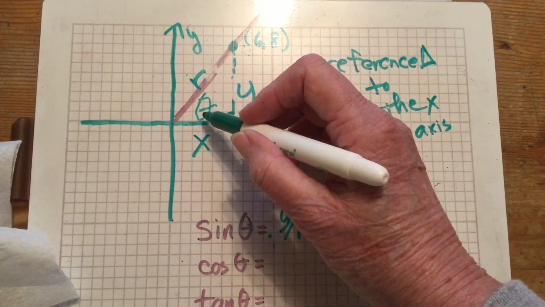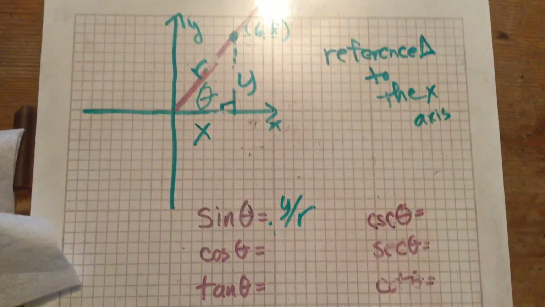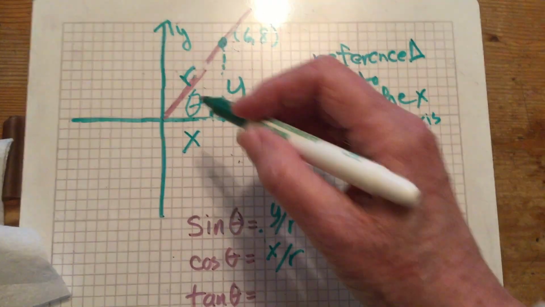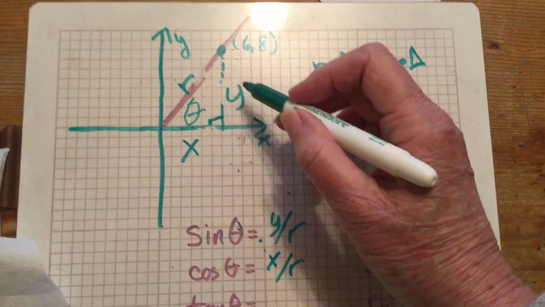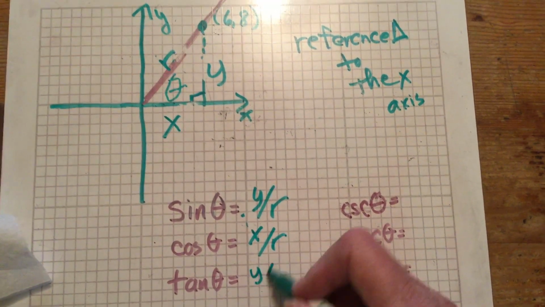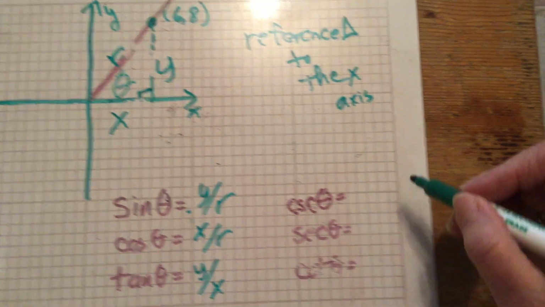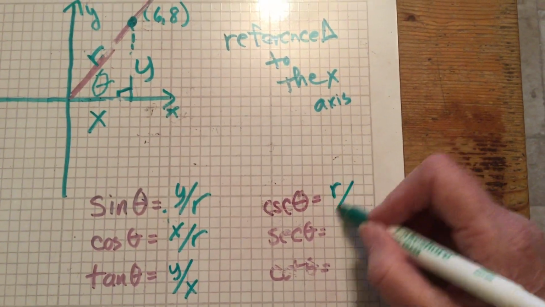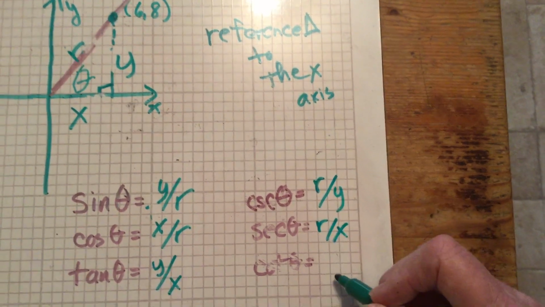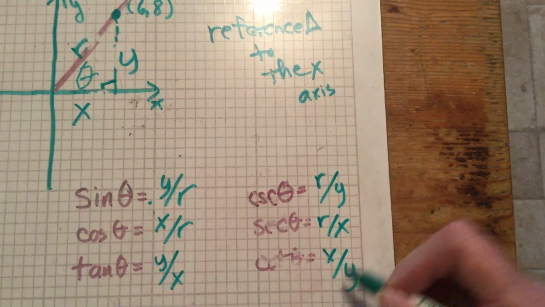The cosine, CAH, adjacent over hypotenuse, is x over r. The tangent, TOA, is opposite over adjacent. It's y over x. So then these three are r over y, r over x, and x over y.